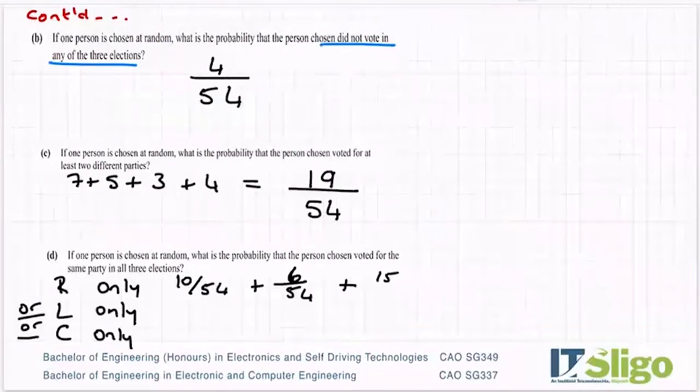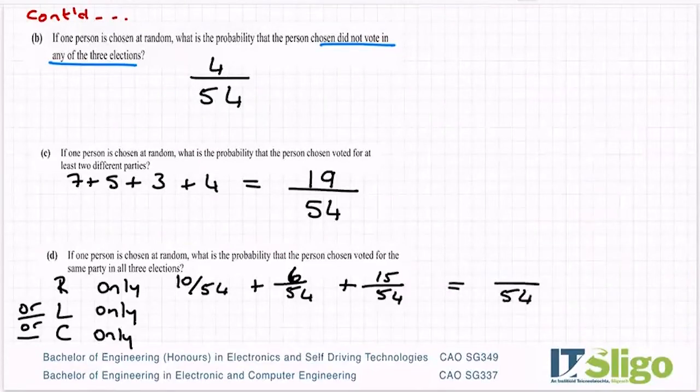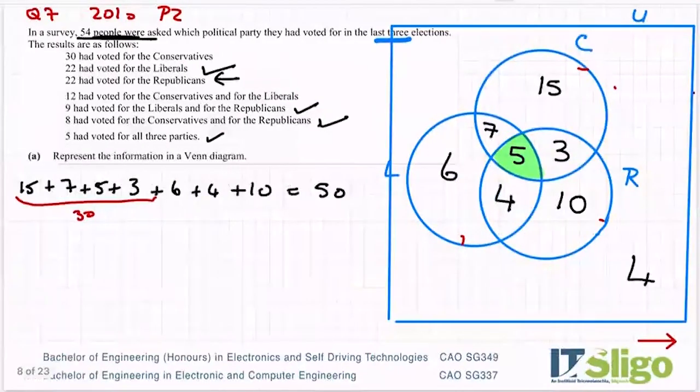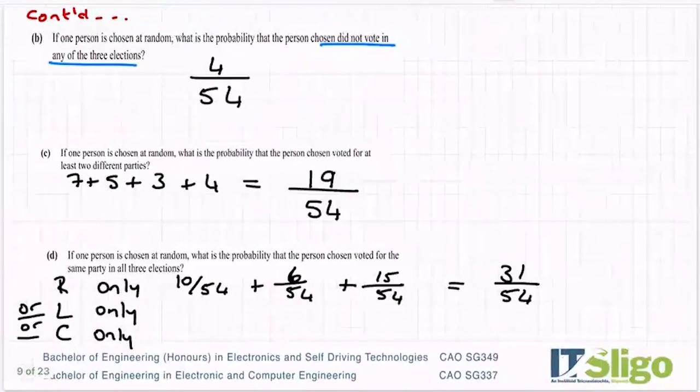Well, it was 15 out of 54. So what you do is you add all of those up because all of them voted for the same party in all 3 elections. So 15, 25, 31. So it's these people here, 15, 25, 31 voted for the same party in all 3 elections. And that was that question.